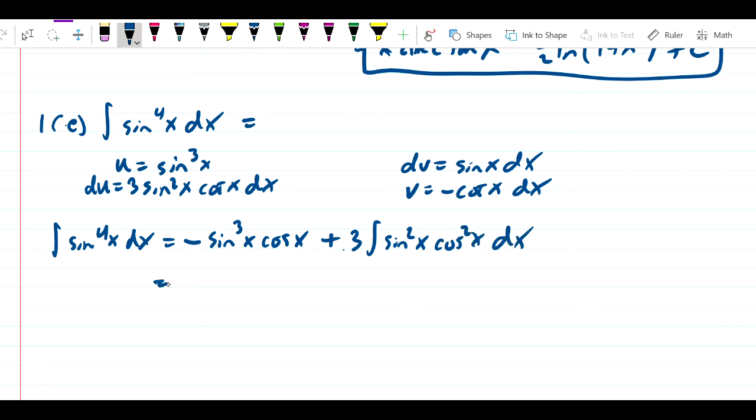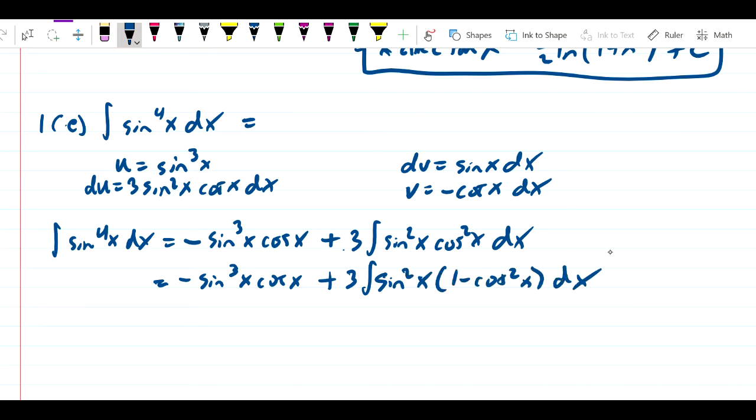So here we have negative sine cubed x cosine x plus 3 integral of, I want to convert the cosine into sine, so this is going to be sine squared x times 1 minus cosine squared x dx.